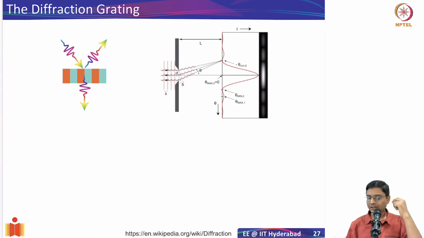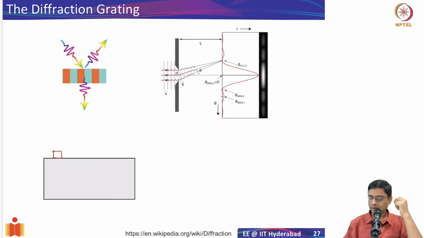So if I expand this, this was a toy schematic. If I have to draw a diffraction grating, it would look something like this. Let's say I'll have my structure substrate. On top of that, let me say I have some materials with different refractive indices.